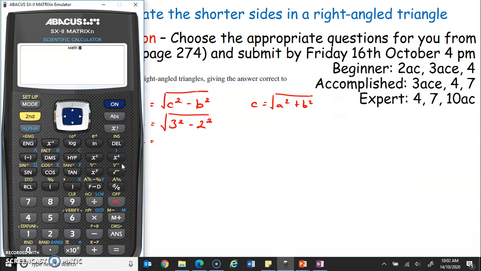So square root of 3 squared minus 2 squared. Okay, and we have an answer. Now we want two decimal places, right? So 2.23. I noticed that after the 3 is a 6. That means that we need to round the 3 up. So our answer is going to be 2.24.